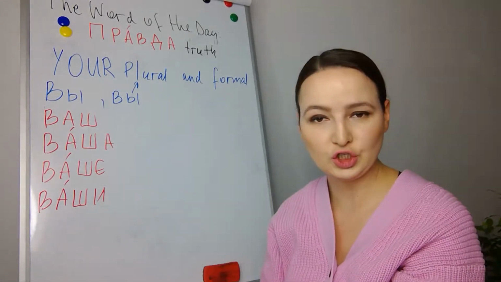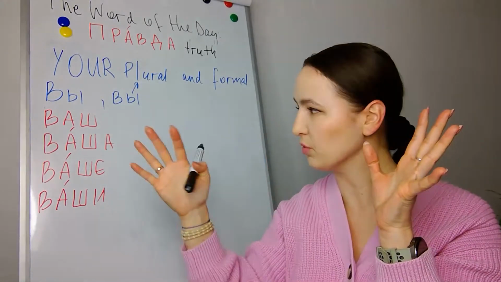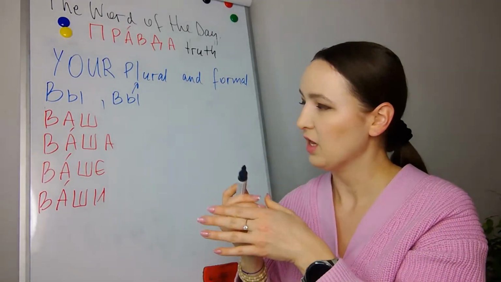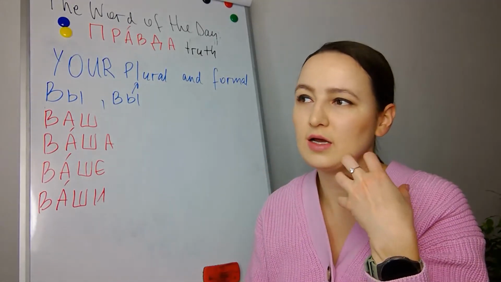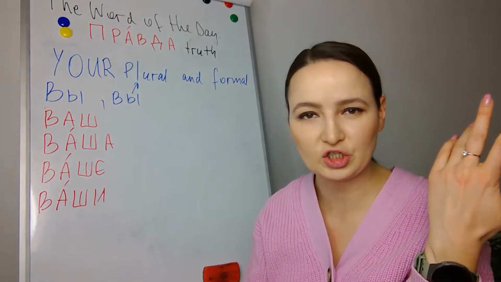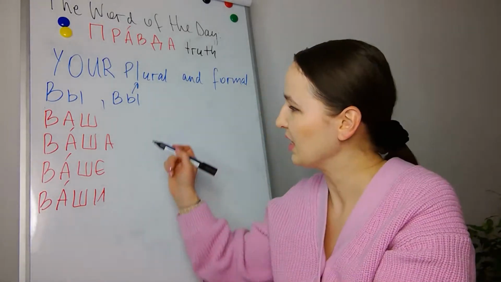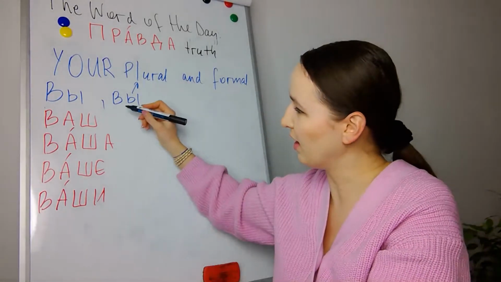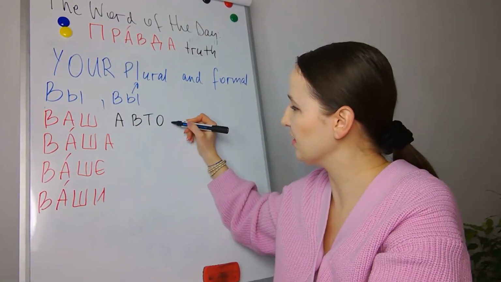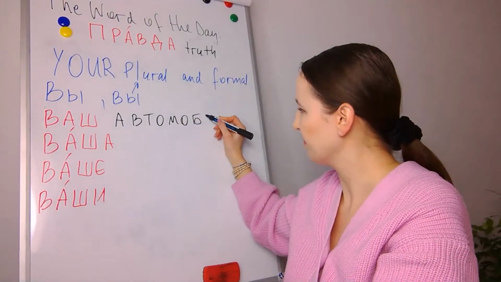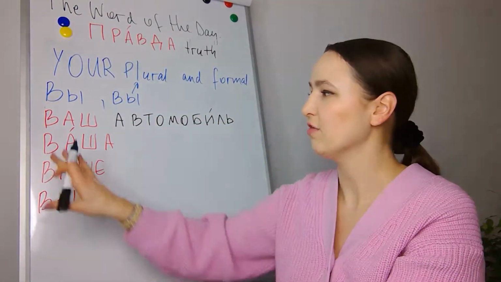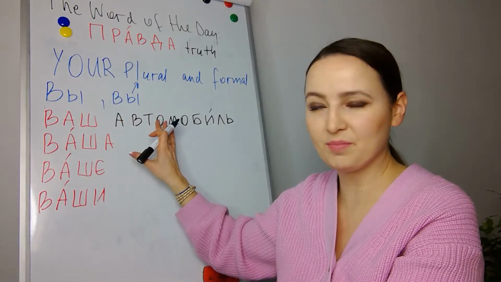So, Vash, for example, formal or plural. Vash, let's say, автомобиль. Автомобиль is a more serious, more formal word for a car, not машина. Давайте напишем. Ваш автомобиль.